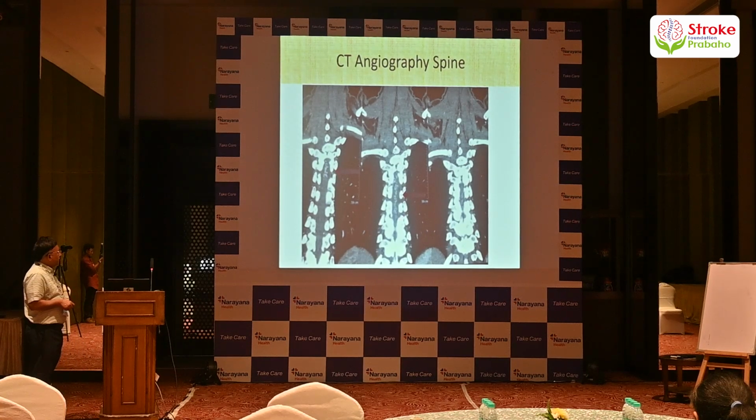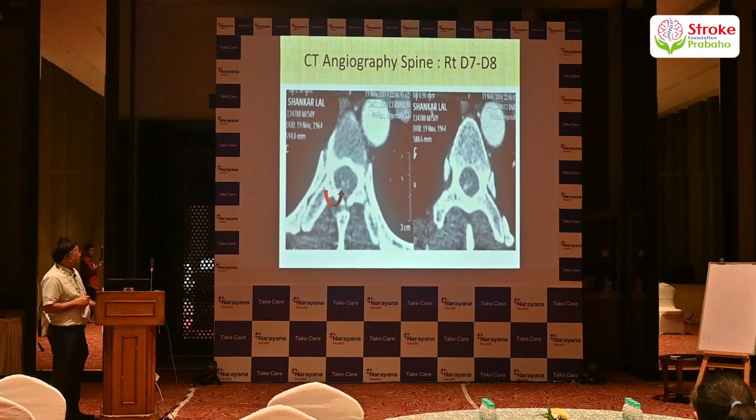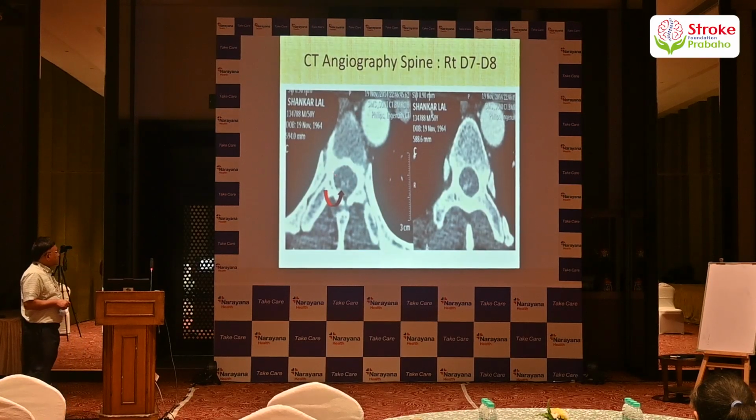Again, you can see in the axial cuts there are very prominent vessels here. And this is the axial cut at the level of D7, D8. We can find there are prominent vessels more on the right side, so possibly we expect the feeders from the right side.